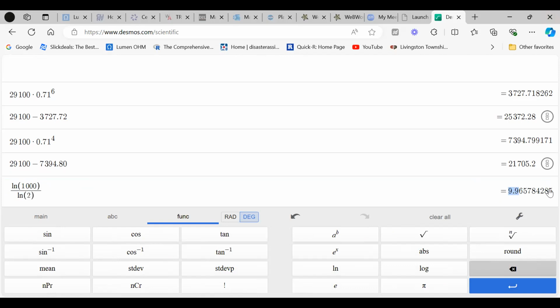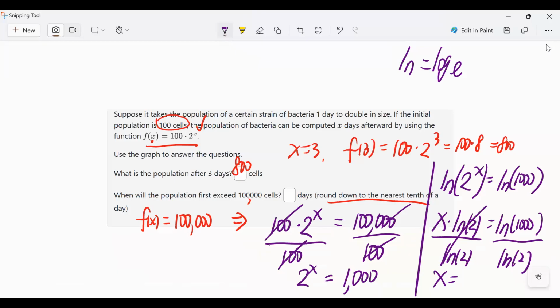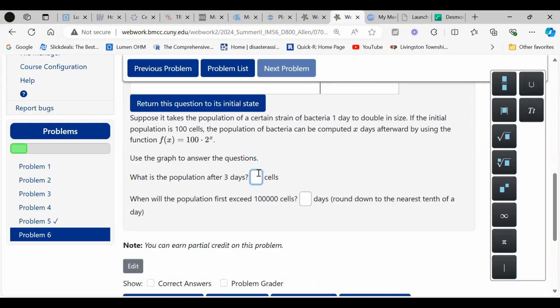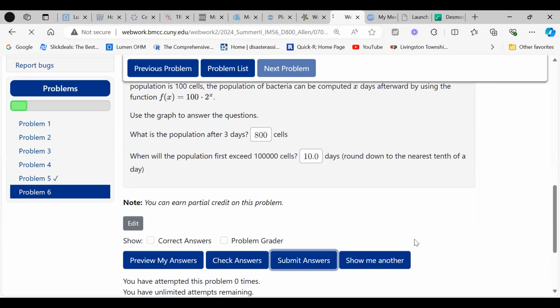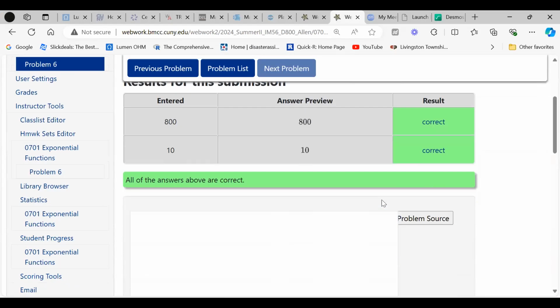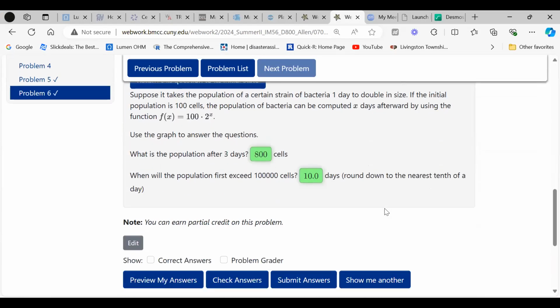When you round to the tenth place, you end up with 10.0. So this is approximately equal to 10.0 days, 10 days. And we go back here, 800, and then 10 days, 10.0. Yep, they look good.